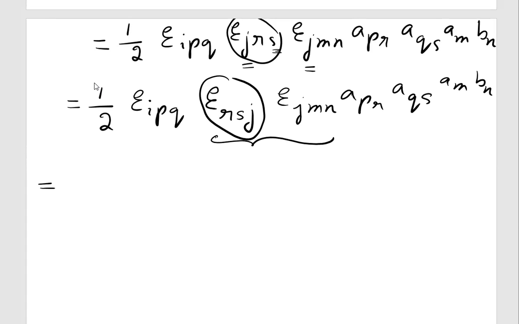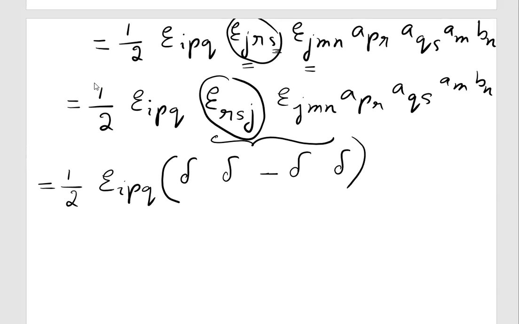That is equal to half. So epsilon ipq as it is. Now for these two, we are going to use delta notations. One bracket here. So epsilon delta identity I'm using now. So delta minus delta, 4 deltas, no. The remaining as it is, that we'll write later. Now, look at the remaining.